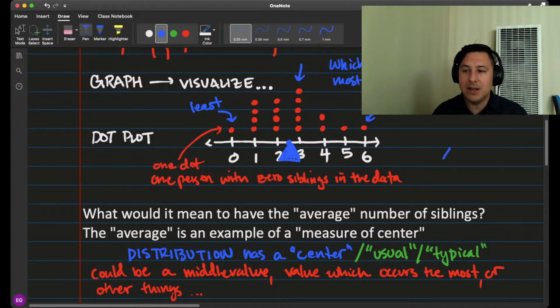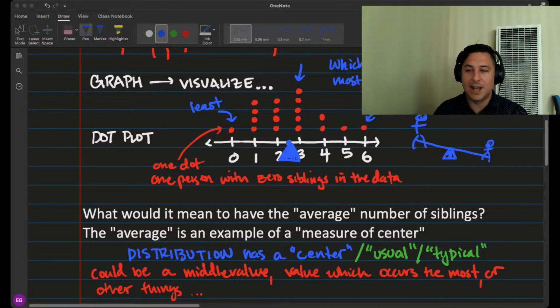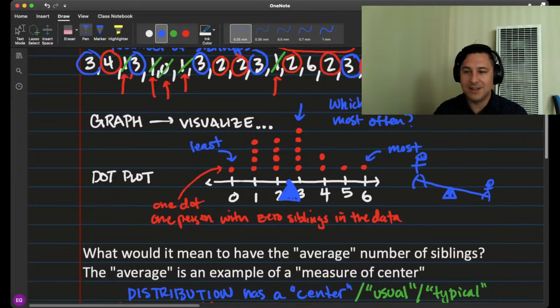Has anyone ever played on a seesaw at like a park? Okay, so let's say that you're an adult, and there's you, you're happy, and you're with your little sibling who's much smaller than you. Okay, what's usually going to happen?